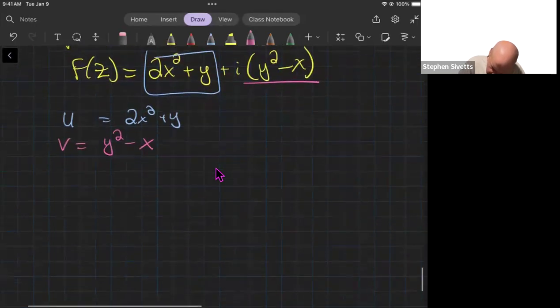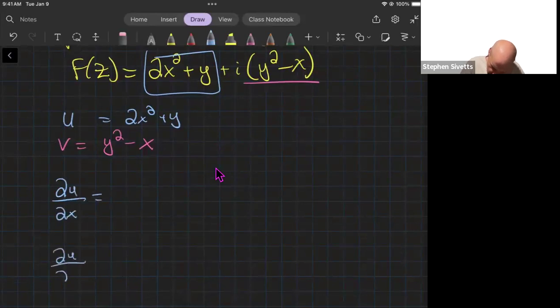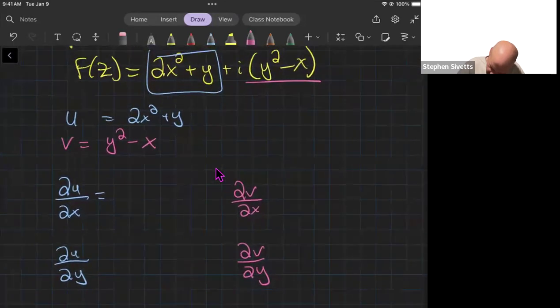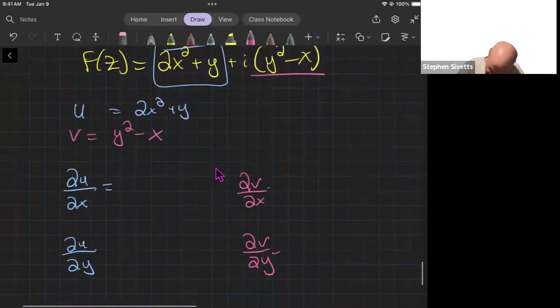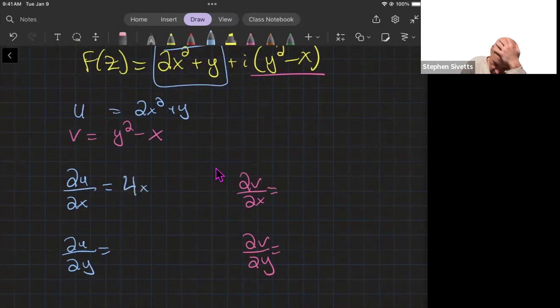So if you look at the partials, partial v with respect to x and partial v with respect to y, and the u partials. Okay, partial u with respect to x is 4x.